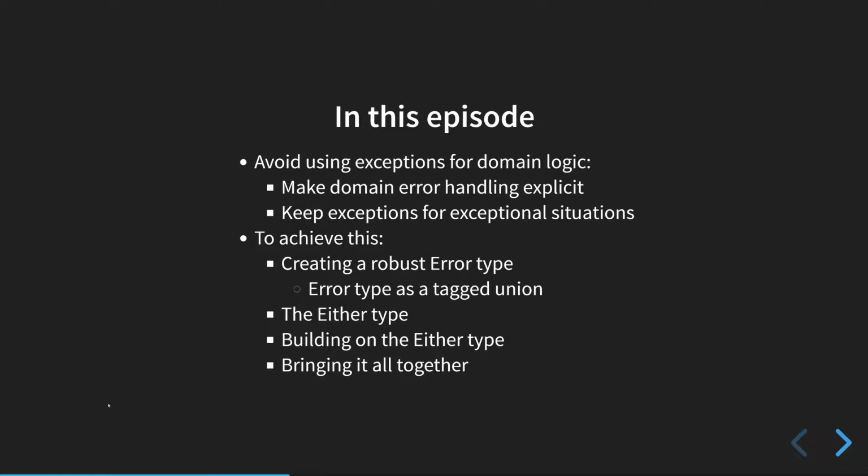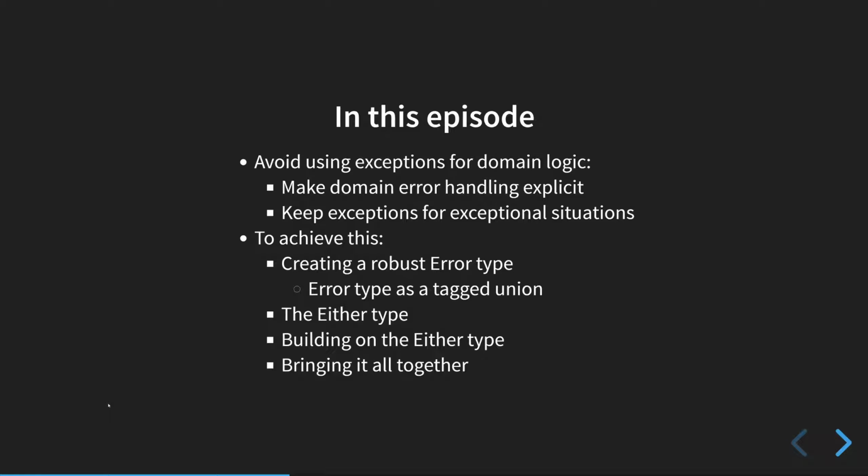So to achieve this, we'll go through some steps. We'll start by creating what I've called, because of reasons, a robust error type, and we'll implement it as a tagged union. I'll show you in a minute what this means. Then we'll introduce the Either type, which is common in functional languages, maybe not that much in C# land, but we'll make use of it.